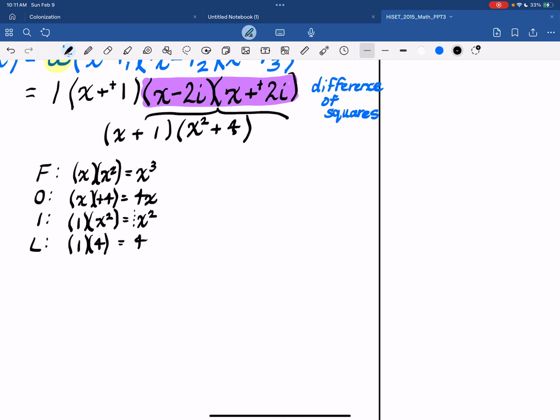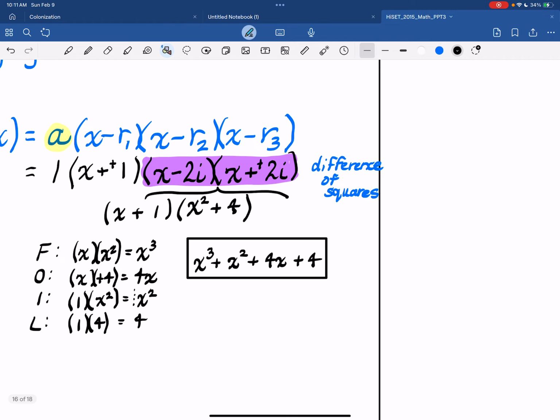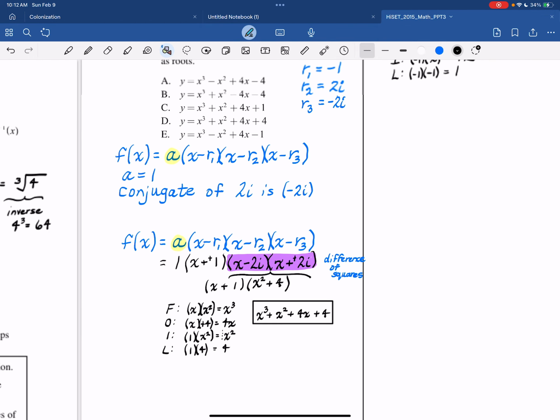So if you put these in standard form, you would get your final equation, which looks like this. We just need to match it to our answers at the top, our choices.